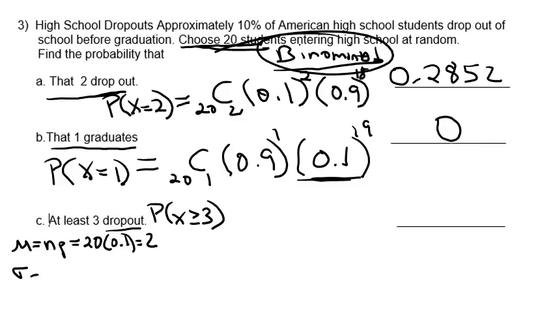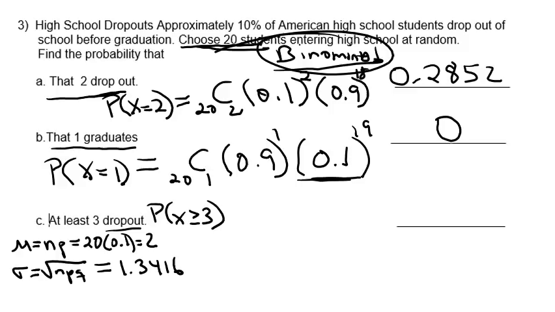The standard deviation is the square root of npq. Well, you show yourself that that's going to be equal to about 1.3416. N is 20, p is 0.1, q would be 0.9, the opposite, right?